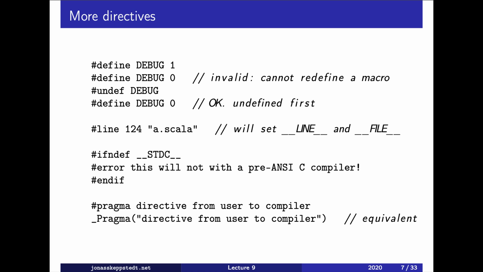Pragma is a way to give special information to the compiler, such as that the next loop should be executed in parallel. That can be done using something called OpenMP. If you take multi-core programming, you will learn about that.